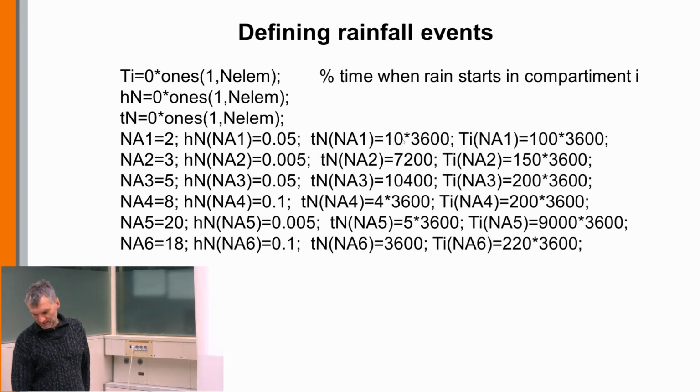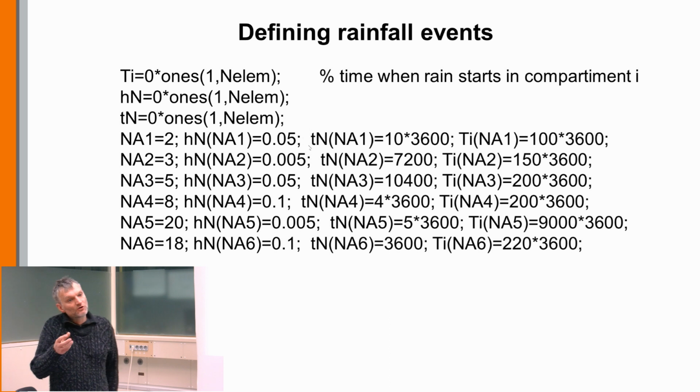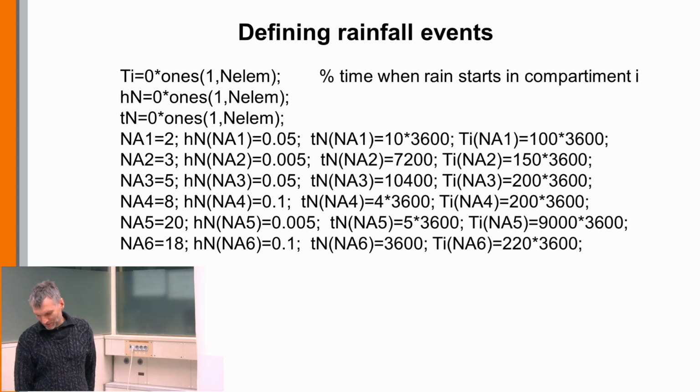The rain starts in element 2 after 100 hours, and it has a duration of 10 hours, and in these 10 hours, there are 5 centimeters of rainfall. So not a strong rainfall here.